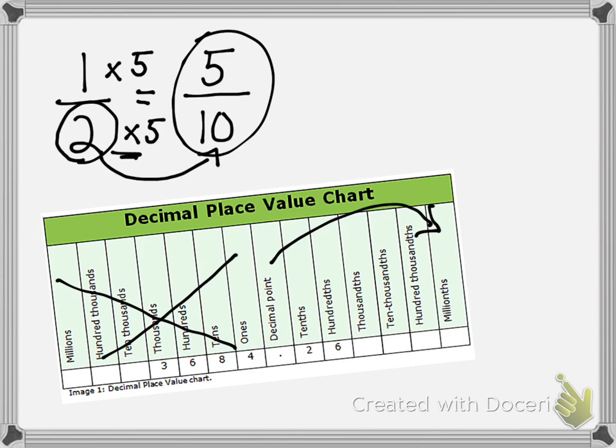Find the tenths, because the denominator is in the tenths. Over here is the tenths place. So what is our decimal going to look like? 5/10. No whole number, 0 and 5/10, because the 5 is in the tenths place.